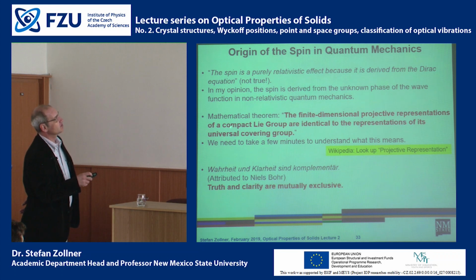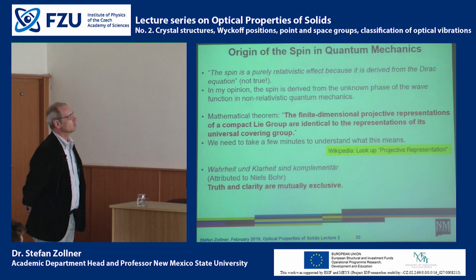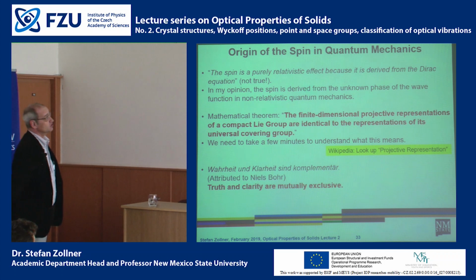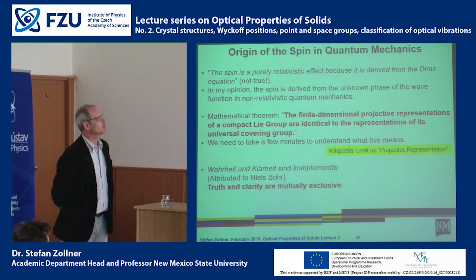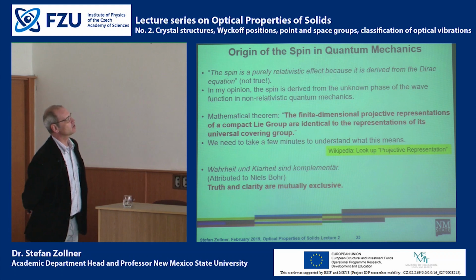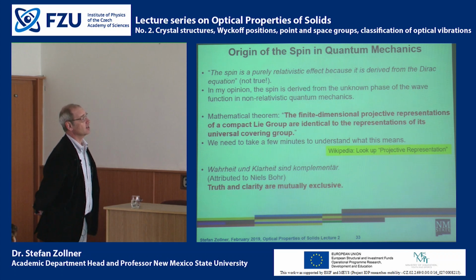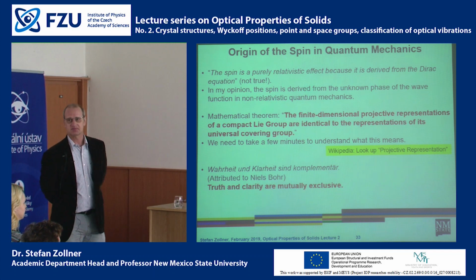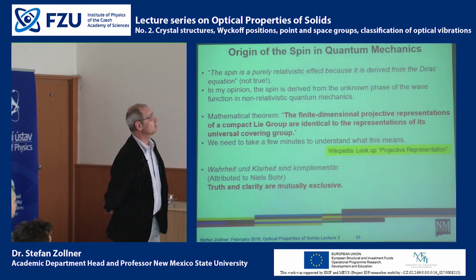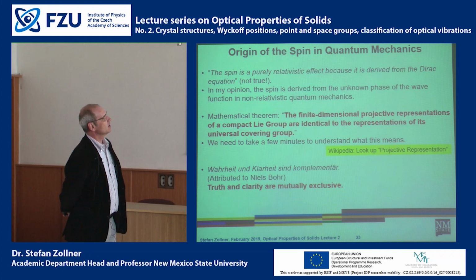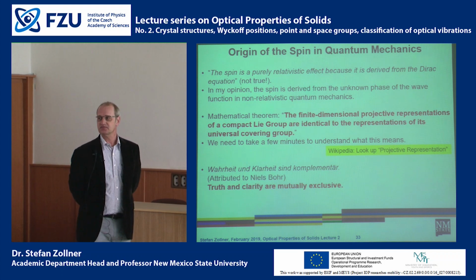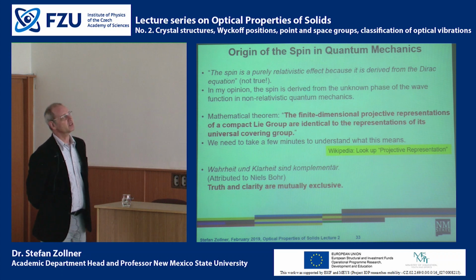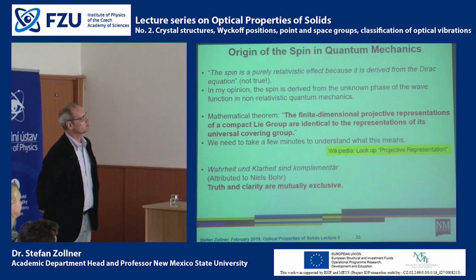So there is this mathematical theorem. The finite dimensional projective representations of a compact Lie group are identical to the representations of its universal covering group. If we understand this theorem, then we can introduce the spin in quantum mechanics without needing any relativistic theory.